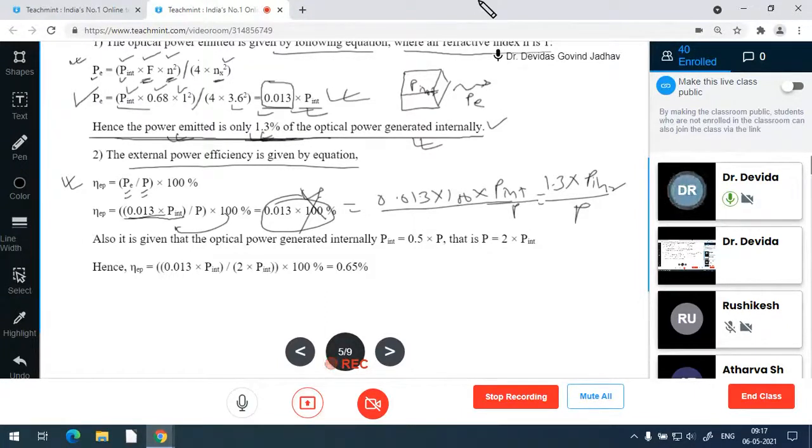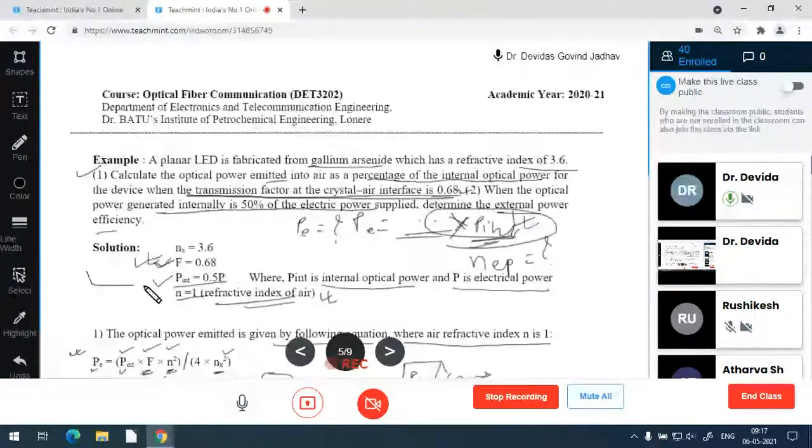Now we know from the given data, P internal is 0.5 P. In the second condition, internally generated power is 50% of electrical power. This is given.